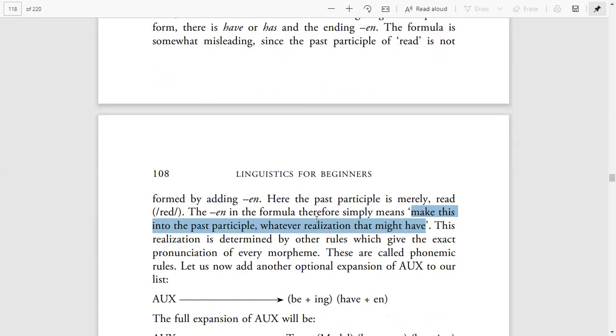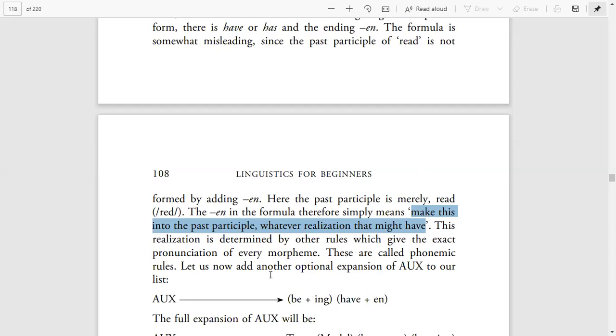You will use the past participle sense whenever you see en in the formula. This realization is determined by other rules which give the exact pronunciation of every morpheme. These are called phonemic rules.